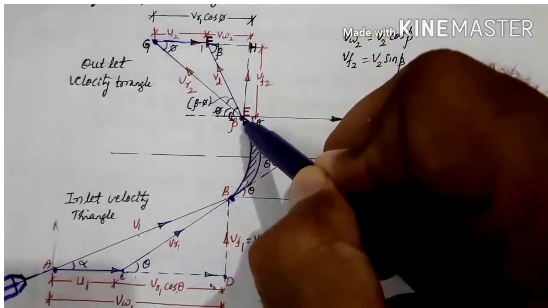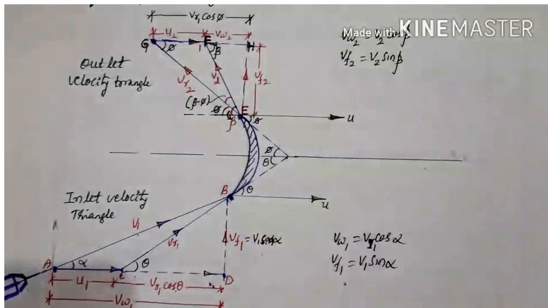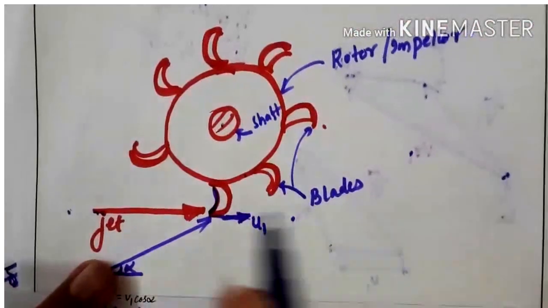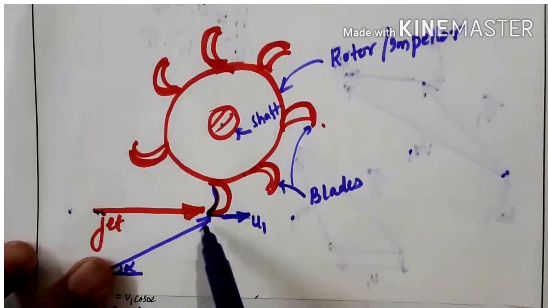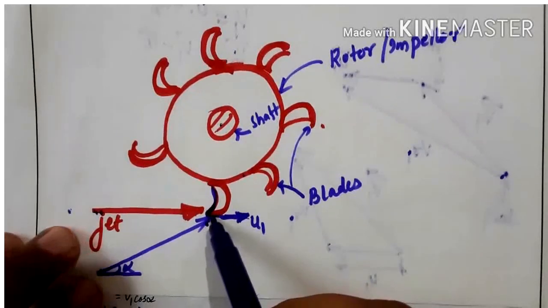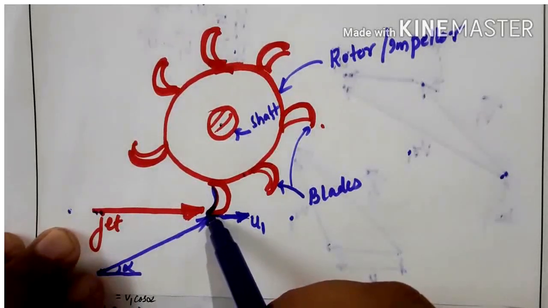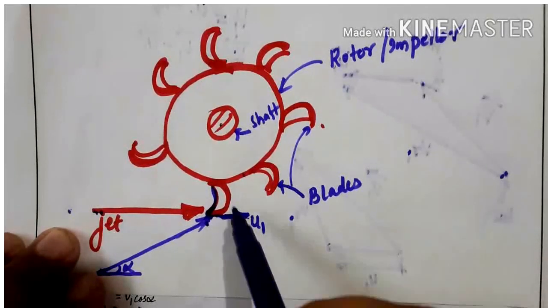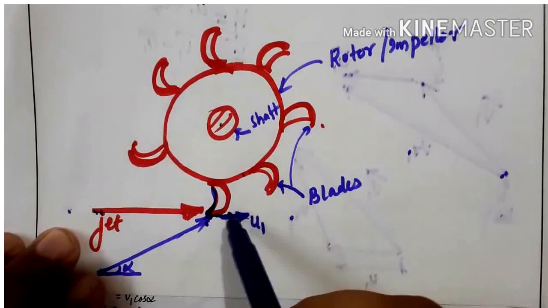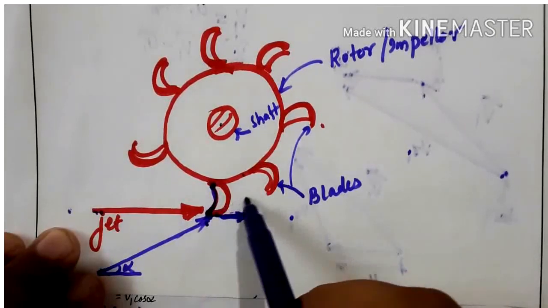This also has a velocity at outlet. So look at this figure. This is the inlet tip where this blade is receiving the jet force. When it starts moving, the outlet tip also starts moving.